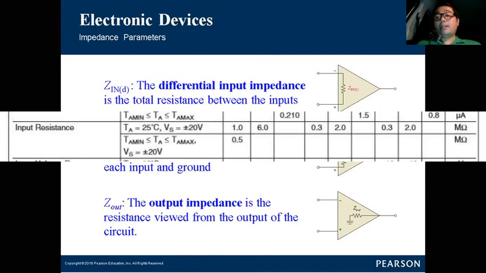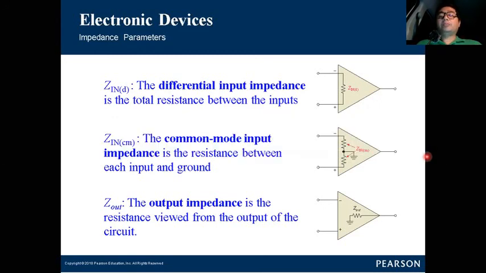So as I've said, malaki talaga ang input impedance ng ating operational amplifier. Okay? So that is why yung kuryente natin sa input, no, is very small, practically small, but ideally zero. It's because of the very high input impedance or input resistance ng ating operational amplifier.